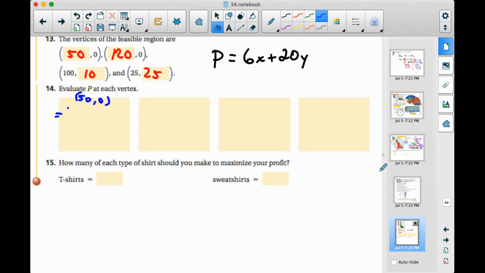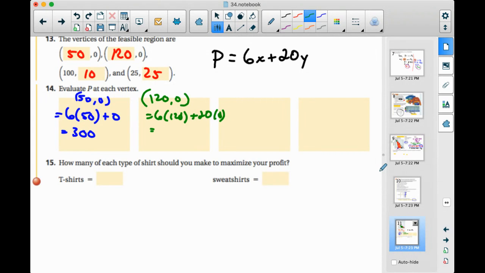So I'm going to have 6 times 50 plus 20 times 0, which will give me 300. Next, I'll do 120, 0, which will be 6 times 120 plus 20 times 0, which will give me 720.